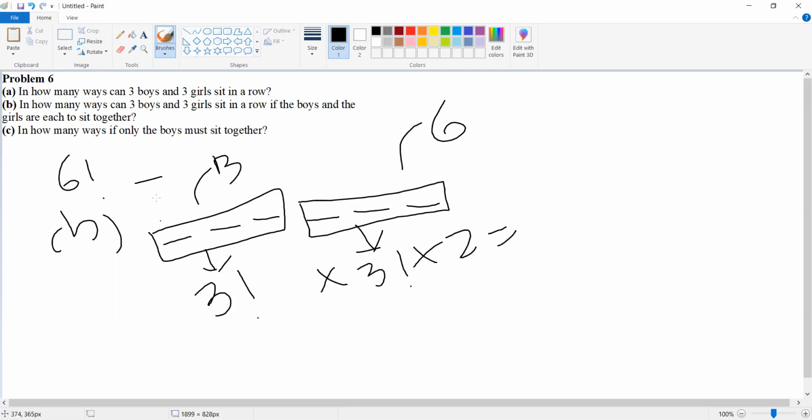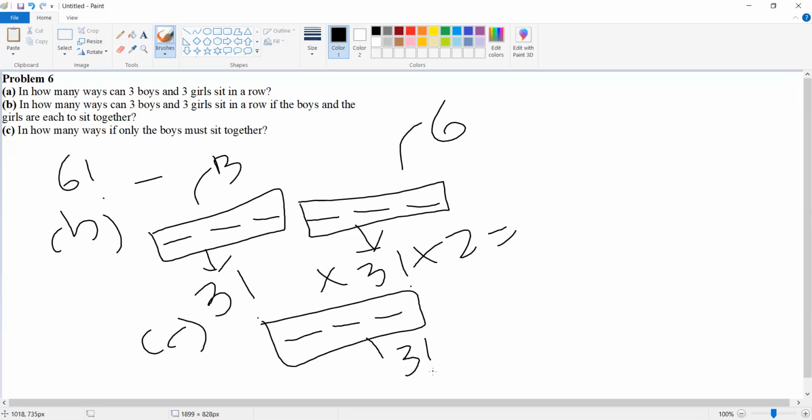Now if it says that only the boys must sit together, we do it in this sense: we made a block of the 3 boys, for which we calculate the permutations, and then we have the remaining 3 girls. We can seat them anywhere, either at this end or over here, and we can permute them, and this block of boys can also go towards the right side.